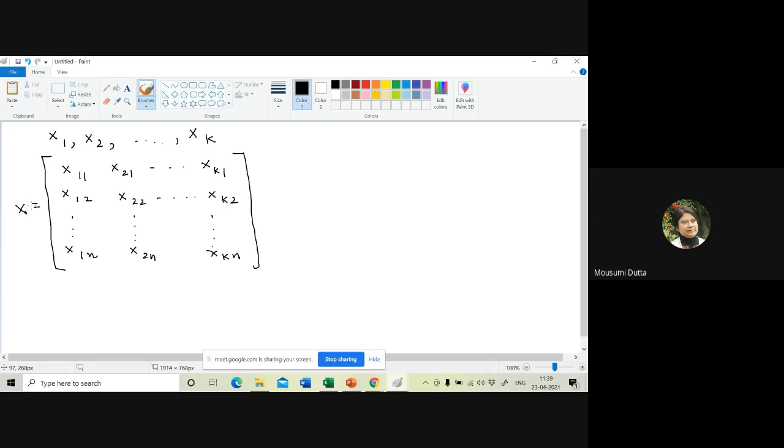Similarly, x2 indicates the price of another commodity, with subscripts 1 to n indicating observations on that x2. In the similar fashion, we move up to xk. Say k is income, so I have n observations on income. The first subscript indicates the name of the variable we are considering, whereas the second subscript indicates the number of observations we have.